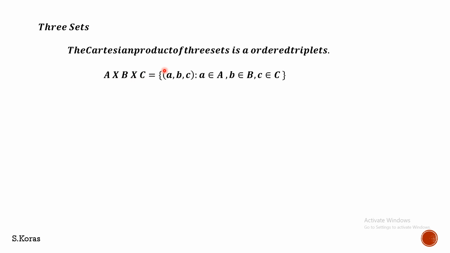This is our single element, but it has three parts, so we call it a triplet. The first element belongs to the first set, the second element belongs to the second set, and the third element belongs to the third set. So small a belongs to capital A, small b belongs to the set capital B, and small c belongs to the set capital C. Right, so this is A cross B cross C.